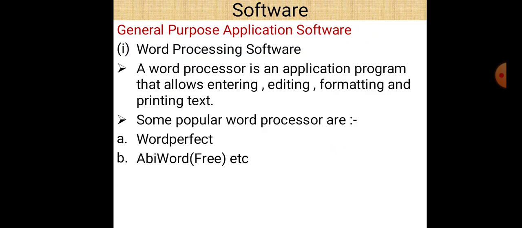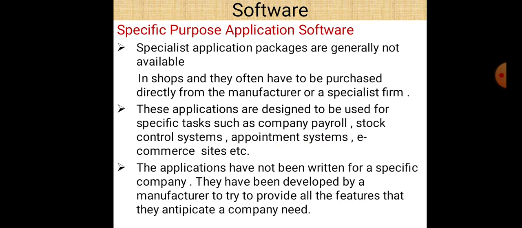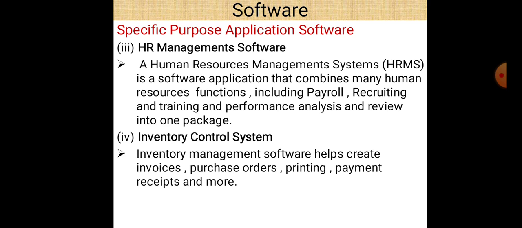Next is specific purpose application software. They fulfill some specific purpose, such as accounting management software, reservation systems, and HR management systems. These are the types of specific purpose application software.